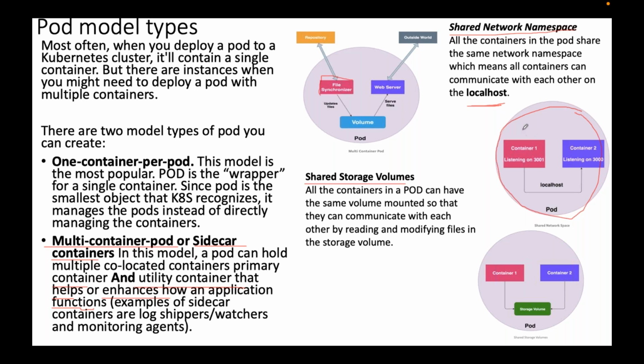If there is an issue with this container, if this container process is not running within that pod, who is responsible for making sure that this container is up and running? The kubelet, which is running in that node.